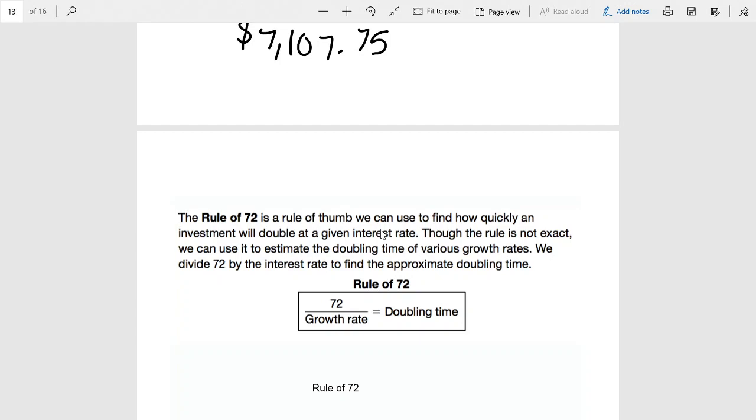If I have compound interest that goes annually, I'll figure out how much time in years. If that interest happens every month, I'll figure out how many months. This is a pretty good rule of thumb. It's not exact though. It's not going to tell you how many years to the day of how much time it will take to double your money. It's a good estimate though.